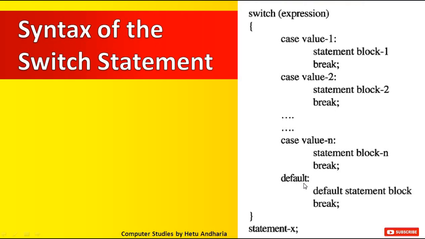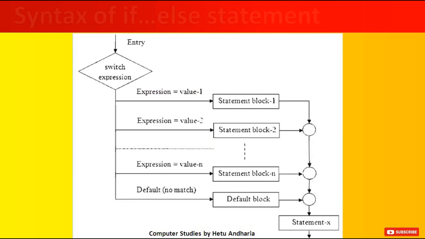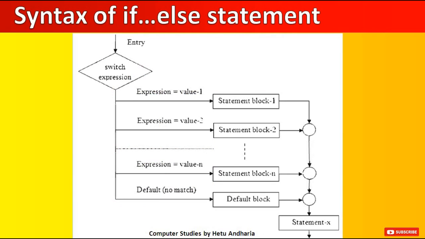If the user has not entered any value from 1, 2, 3, but has entered 15, then you put a default statement here that you have entered something else, that is not available here, and then break. So this is very useful in writing many programs of this type.